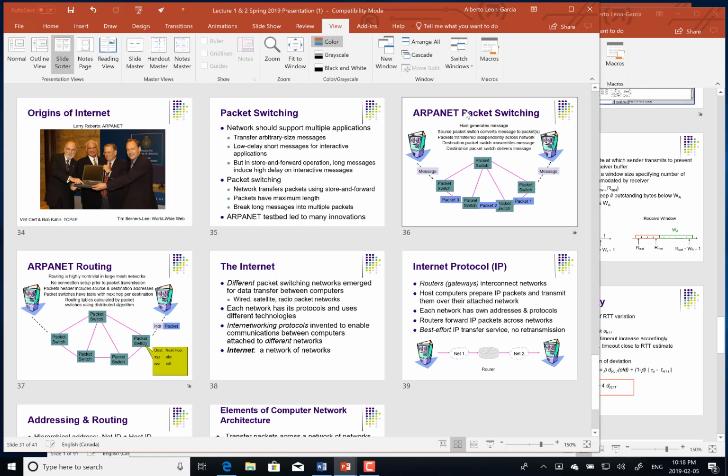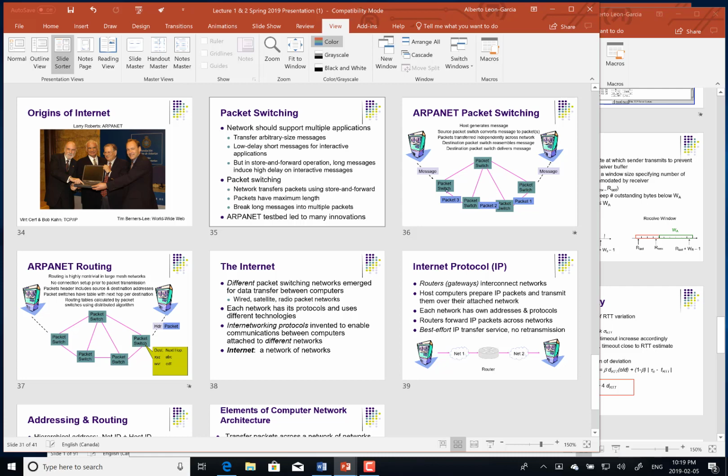And so what packet switching introduced was a limit on the size of the blocks that a network would handle. And this block was called a packet. And so packets had a maximum size. And if messages were too long, they would be broken into multiple packets. So that was the origin of packet switching.